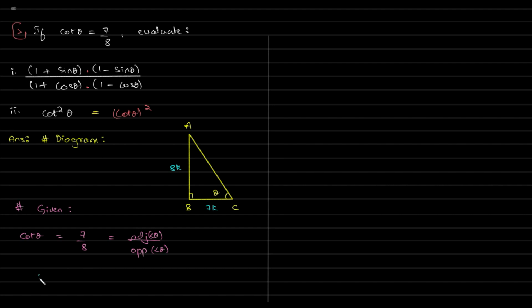Let's move on. Adjacent is BC by AB being equal to 7 by 8. I'm just showing the steps. We know that this is 7k, 8k, therefore BC is equal to 7k and AB is equal to 8k, where k is a common factor. Once this is out of the way, we just have to use Pythagoras theorem to calculate AC.